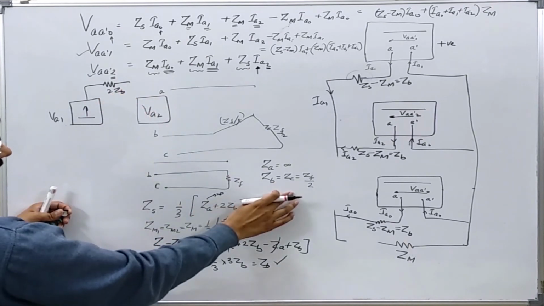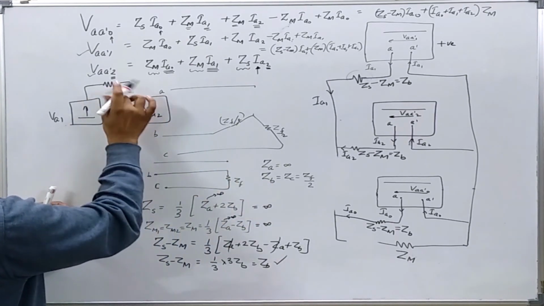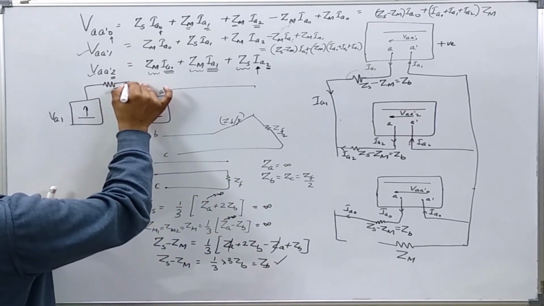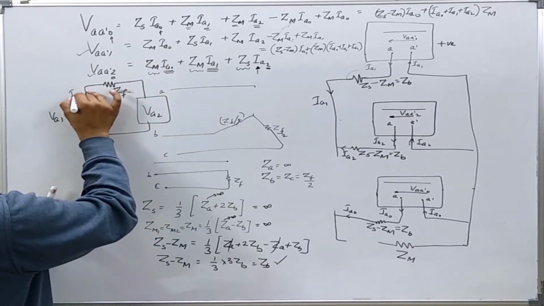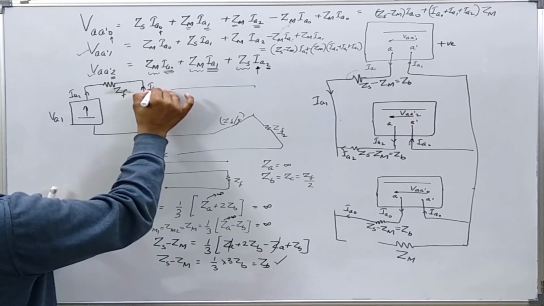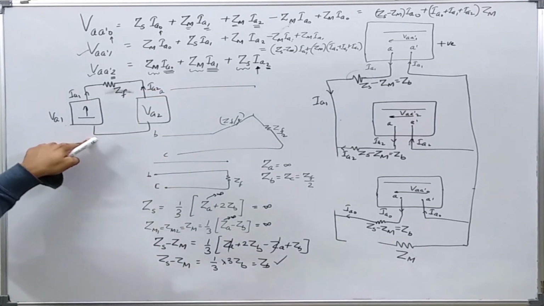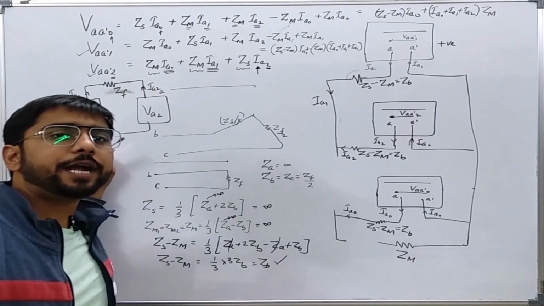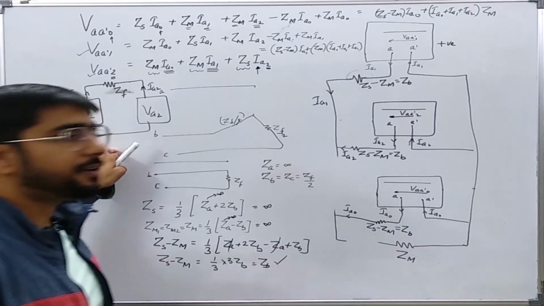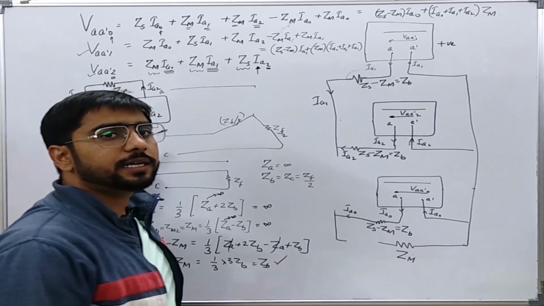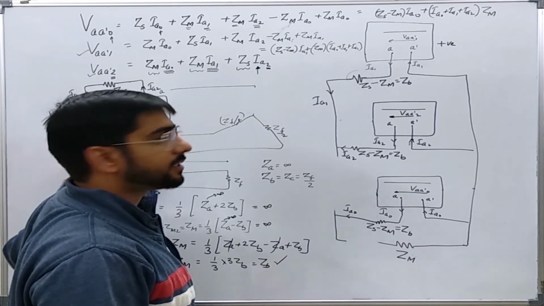Now twice of ZB is equal to ZF. So it is ZF, and it is IA1 and it is IA2. Now you see that this interconnection we have already seen for line to line fault in one of our previous lectures when we studied the line to line fault in the three-phase system.